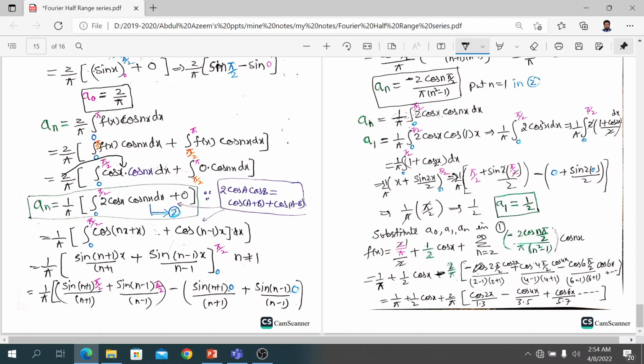Apply limits, n starts with 2: cos 2 pi by 2 over 2 square minus 1, that is a plus b into a minus b, 2 minus 1 into 2 plus 1, plus n equal to 4, cos 4 pi by 2 cos 4x by 4 square minus 1, plus n equal to 6, cos 6 pi by 2 by 6 square minus 1, and so on. Taking 2 by pi outside common, the signs alternate: minus becomes plus, plus becomes minus.